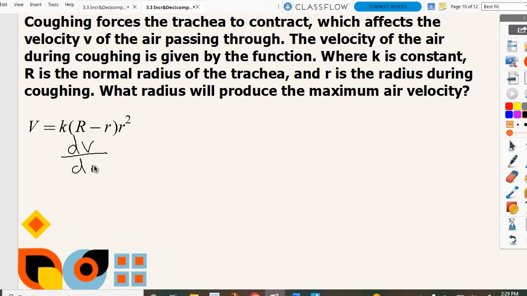If I'm taking it with respect to little r, then I'm treating these as my variables, and I'm treating big R as a constant. It's like my x variable, what I'm treating as the variable that I'm applying the derivative to. We pretend the other things are numbers, a constant. It's just a number. So I need to know which one I'm actually treating as the variable, which is little r.